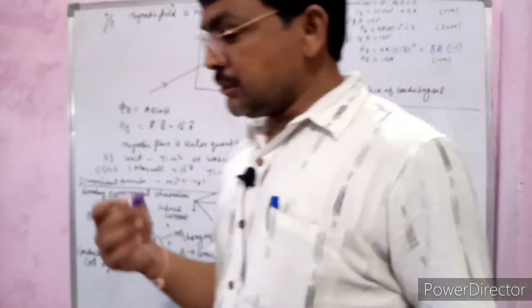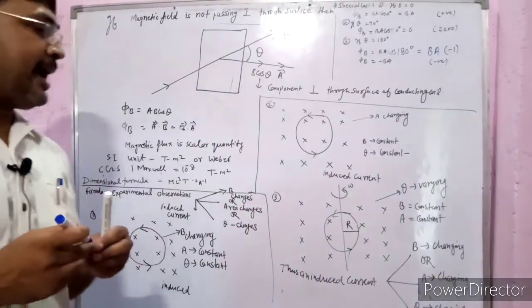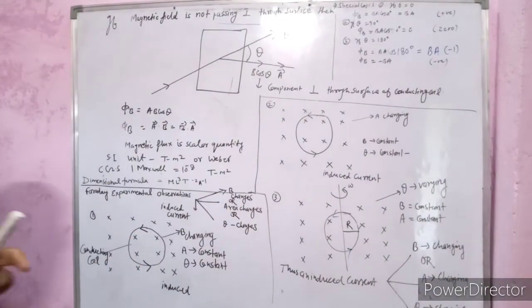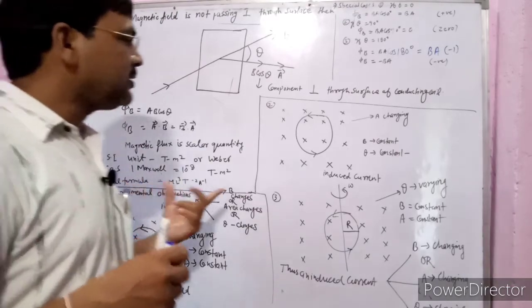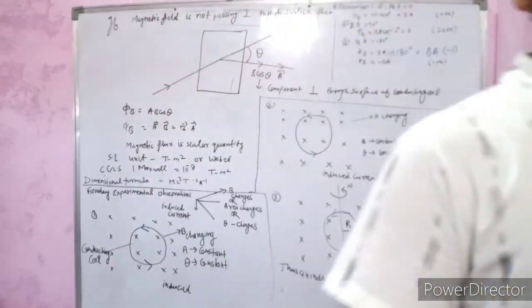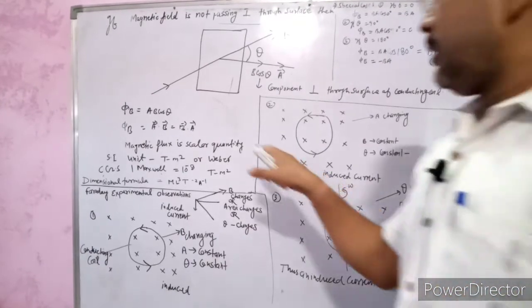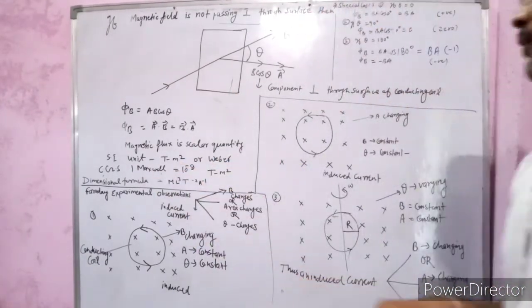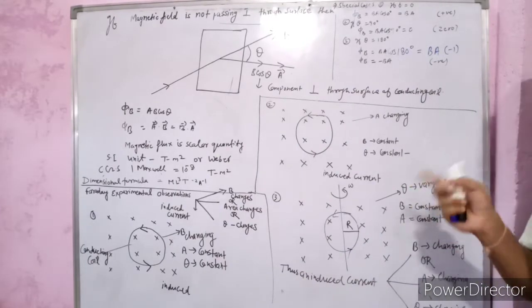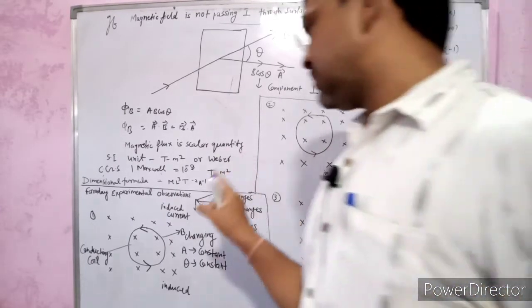Here, in these three observations, I do not have to discuss the direction of the induced current. Only here I have to explain how to change the magnetic flux linked with the coil so that an induced EMF is produced.